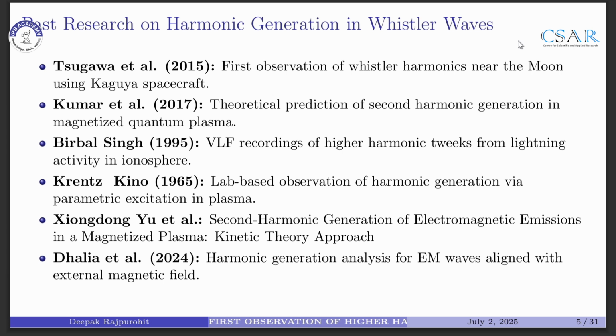Then in 2024, Trishul Dhalia at IIT Delhi published a paper on higher harmonic generation in magnetized plasma. So these are the previous works on higher harmonic generation in Whistler waves, but the observation and verification of higher harmonic generation in Whistler waves in laboratory plasma is still a question.